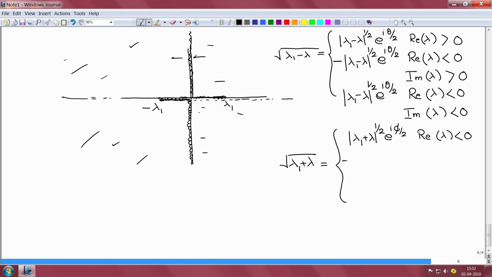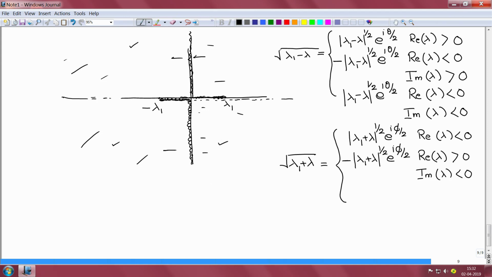Next it is minus lambda 1 plus lambda to the power of half e to the power of i phi by 2 whenever the real part of lambda is positive and imaginary part of lambda is negative. Right here.